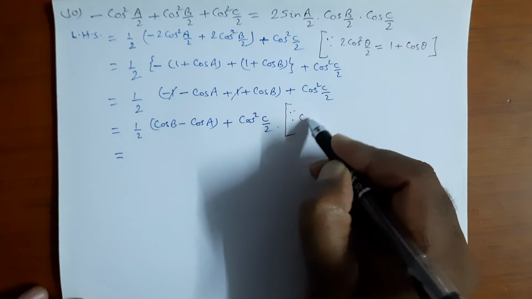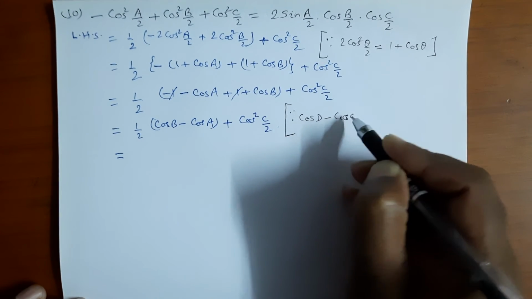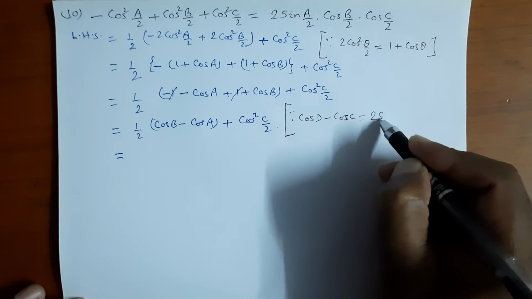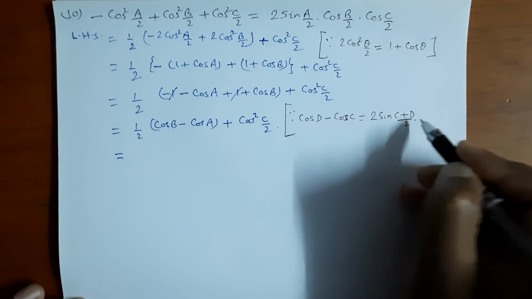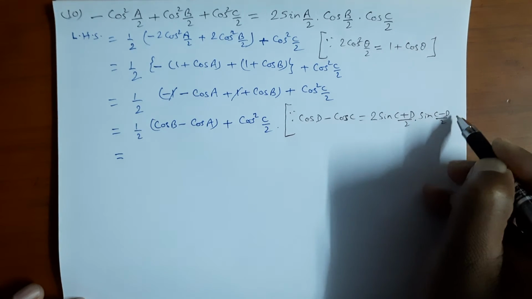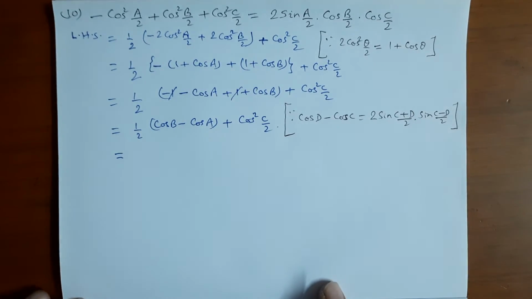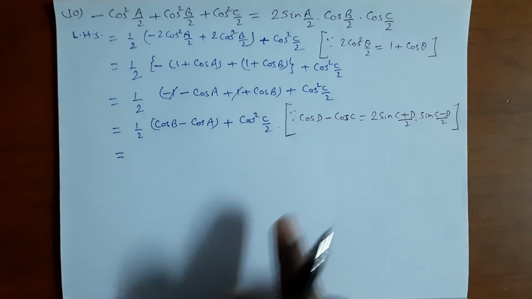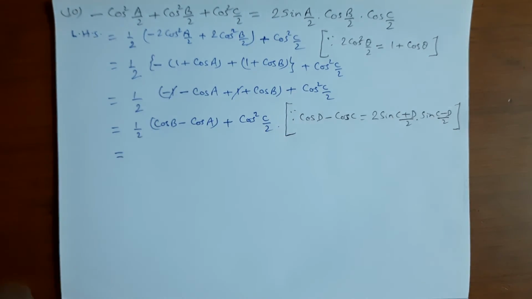The formula for cos d minus cos c equals 2 sine (c plus d)/2 times sine (c minus d)/2. If cos minus cos, then both will be sine here. And instead of d we have b here, instead of c we have a here.